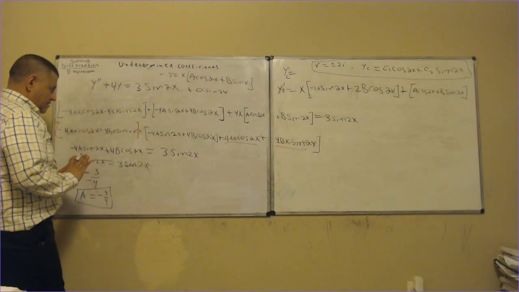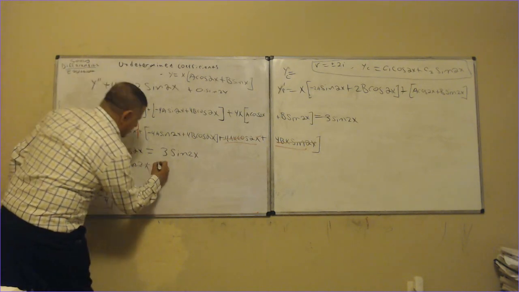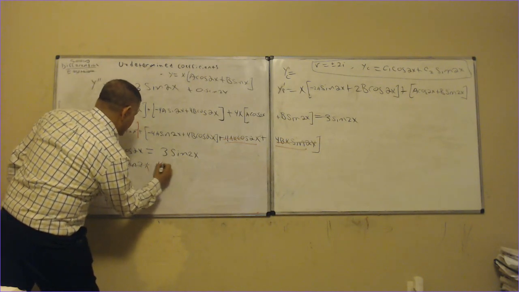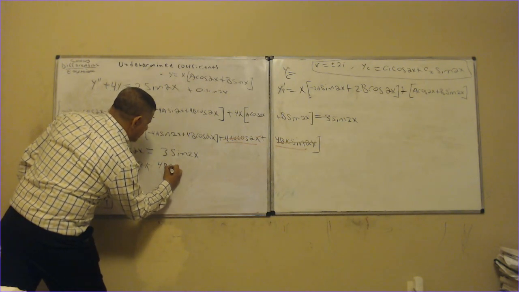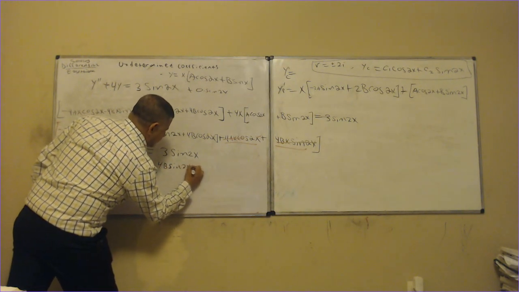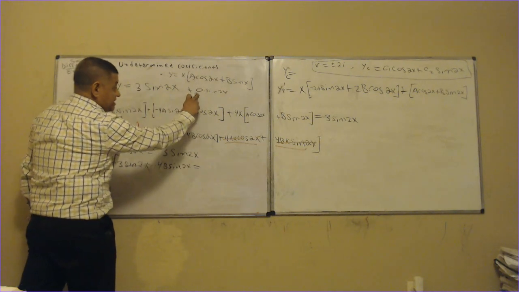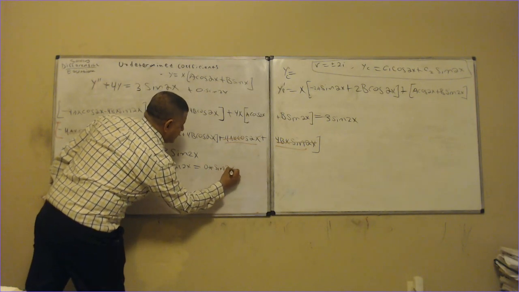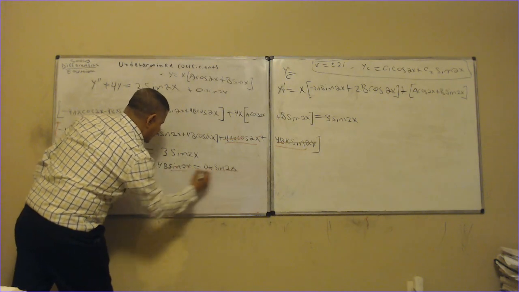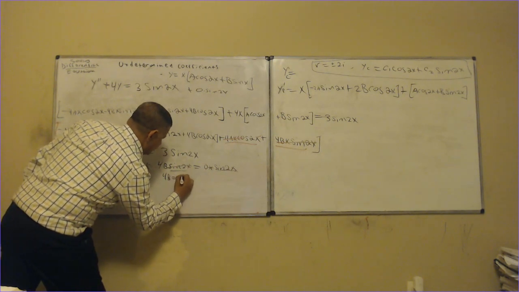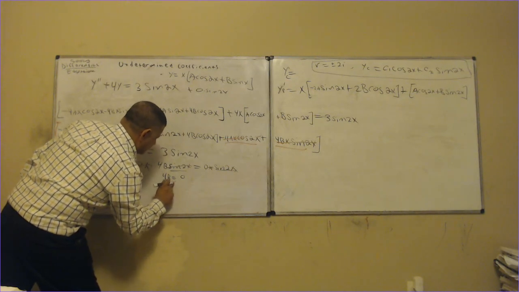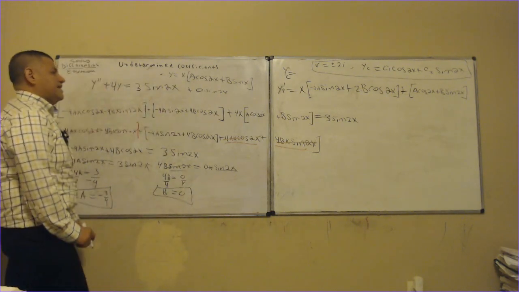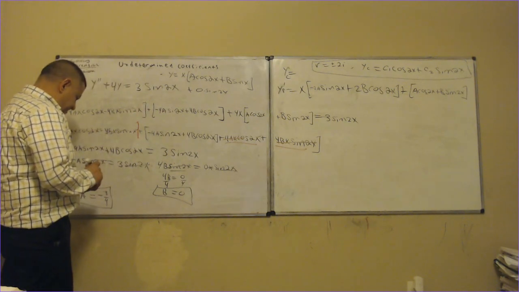Now, 4b sine of 2x is equal to 0 times sine of 2x, and again that cancels, and 4b is equal to 0. So therefore, just doing the math for you, you don't have to do this, b is equal to 0. Okay. All this work, right?